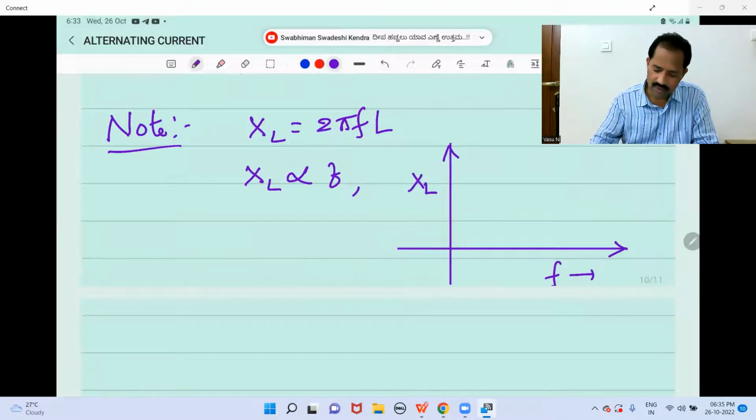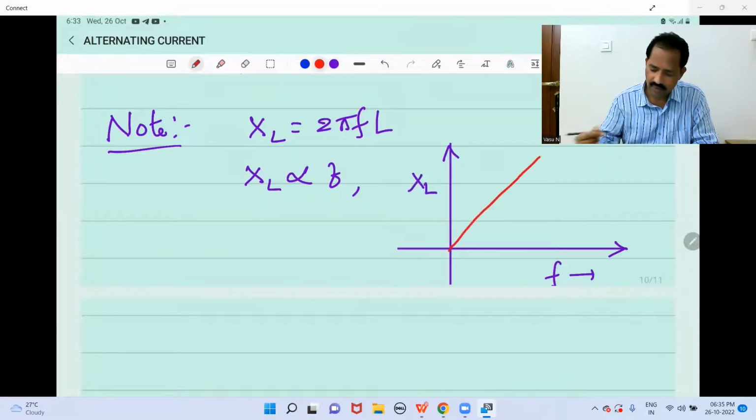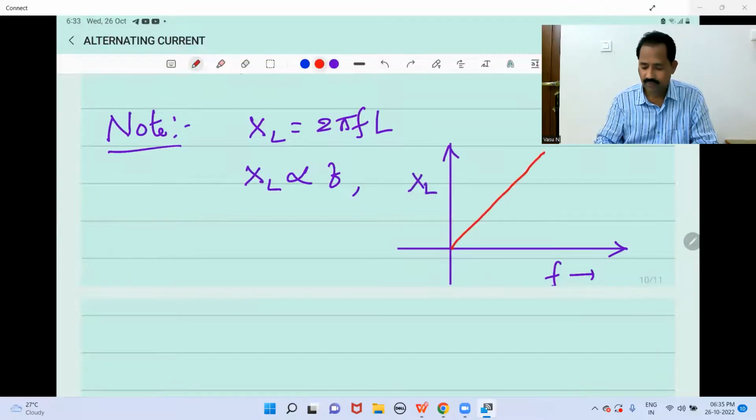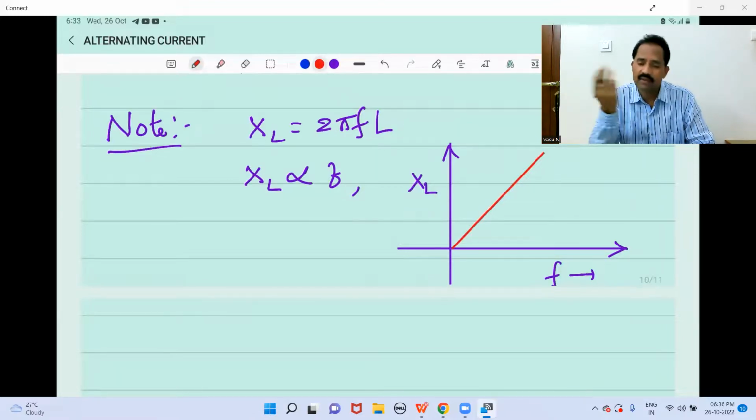You will get a curve like this. So as the frequency increases, inductive reactance increases. This is how you have to understand it. So you know the graph now. They can ask you for 1 mark: how does inductive reactance depend on frequency? It is directly proportional to frequency.